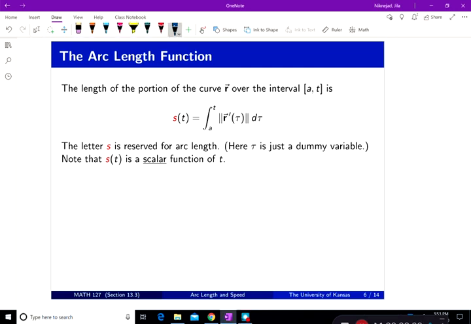So I will have the speed is ds dt. And on the other hand, the speed is the magnitude of the velocity.